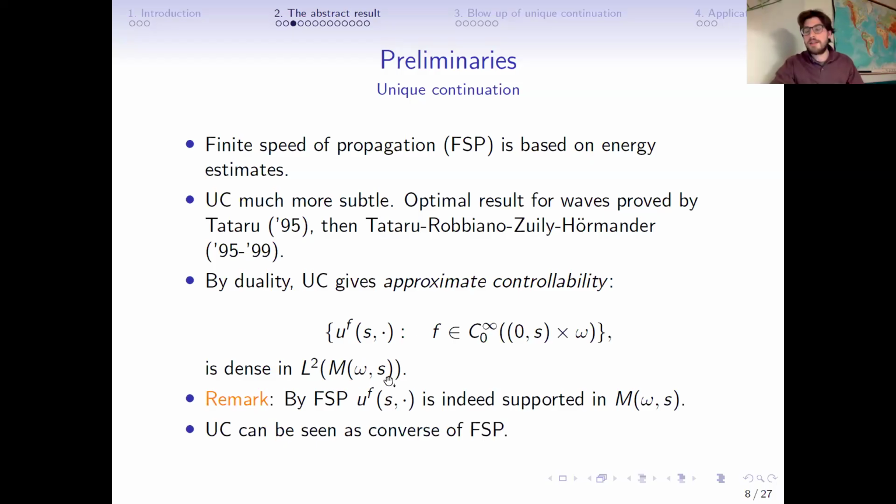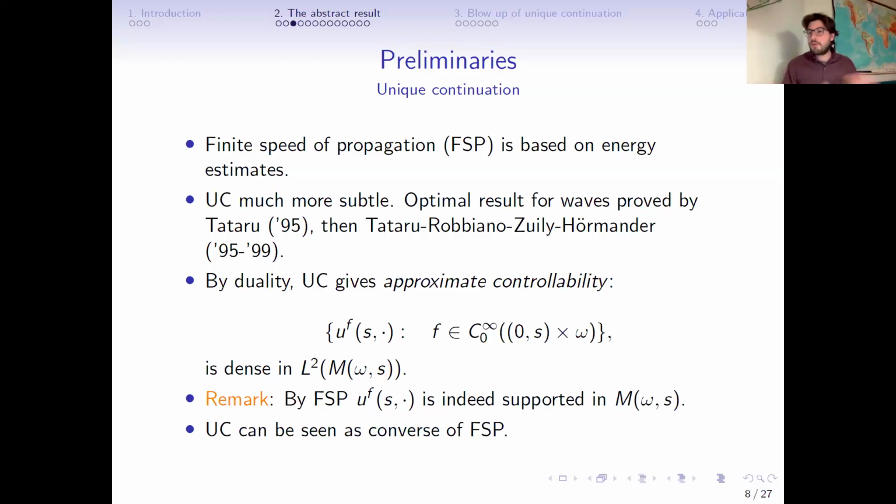So what is M(Ω, S)? It is the domain of influence of the open set Ω at time S. This is finite speed of propagation, the fact that U^F at time S is contained in this set. But unique continuation says that not only is the set contained in L2 of M(Ω, S), but it is in fact dense in it. And what does controllability mean?